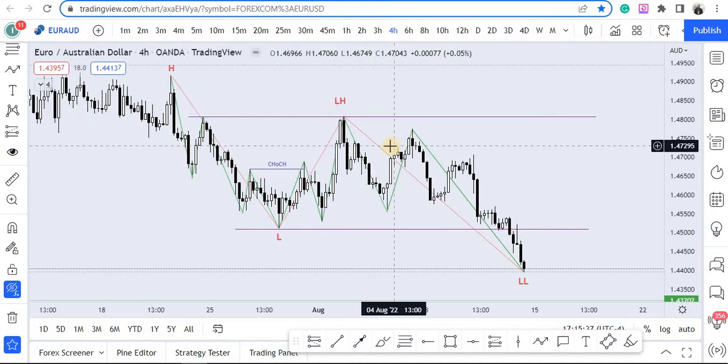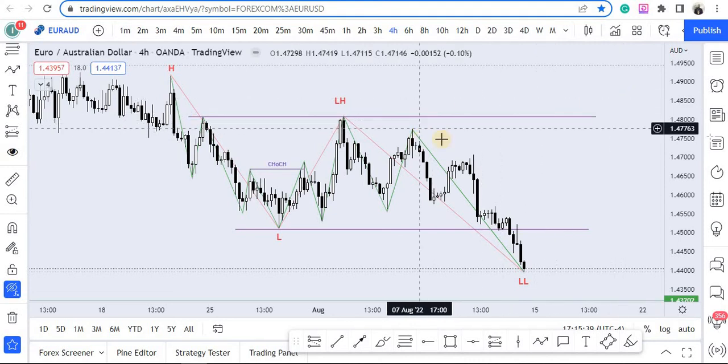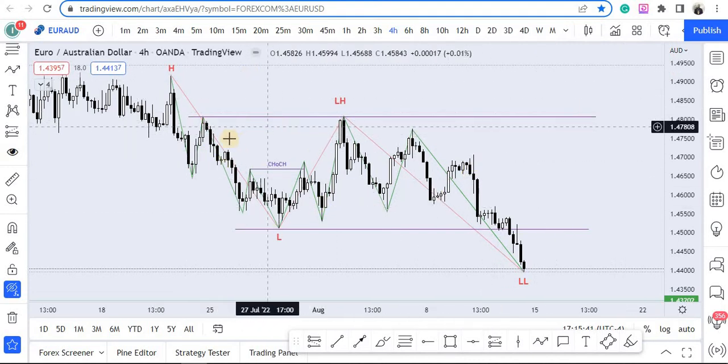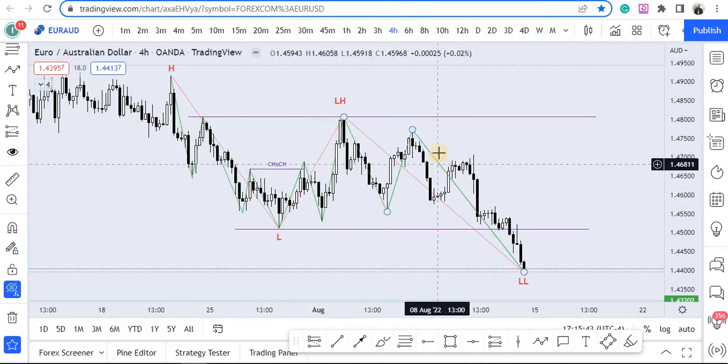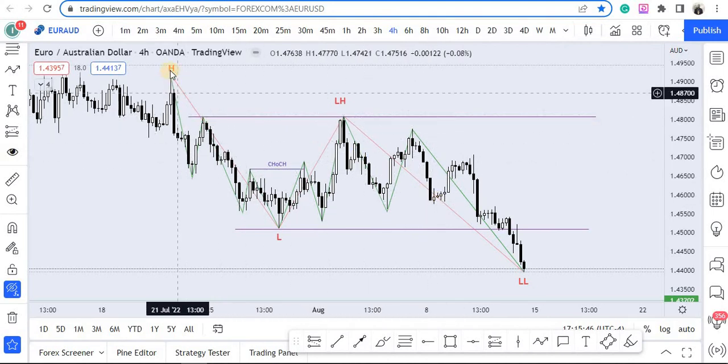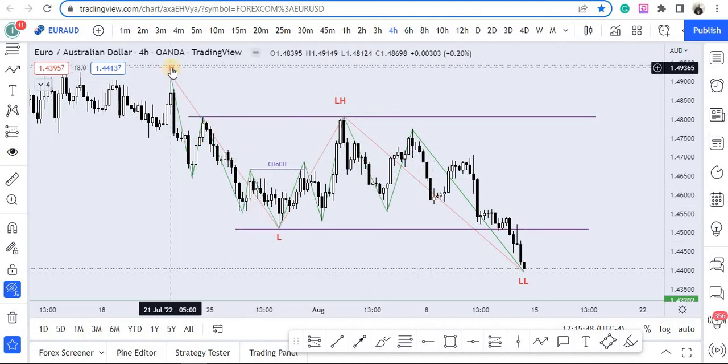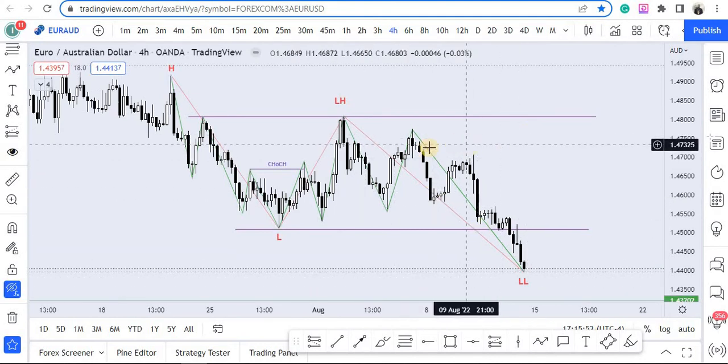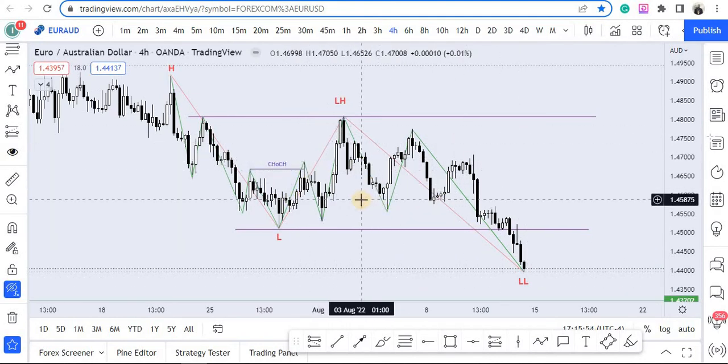So the only thing you are going to do is to mark this high, low, lower high, lower low, and don't bother about these internal structures until you have improved in your trading.